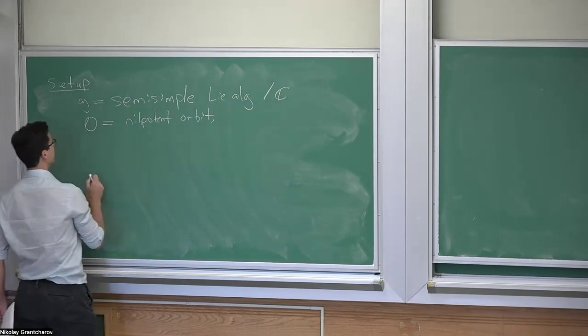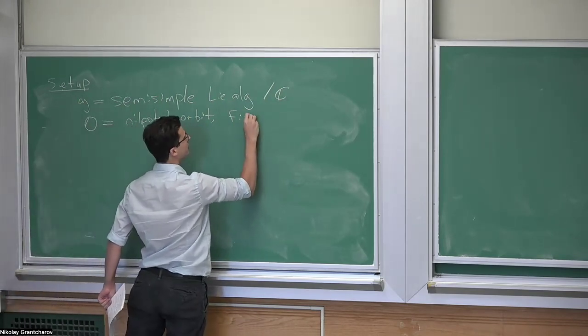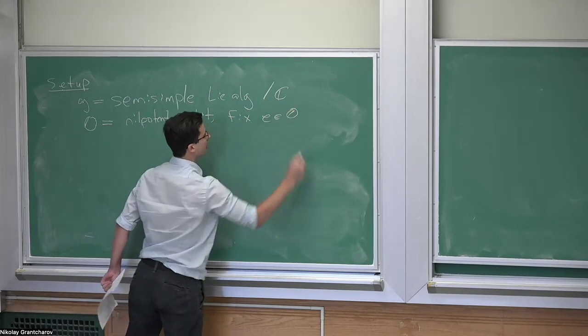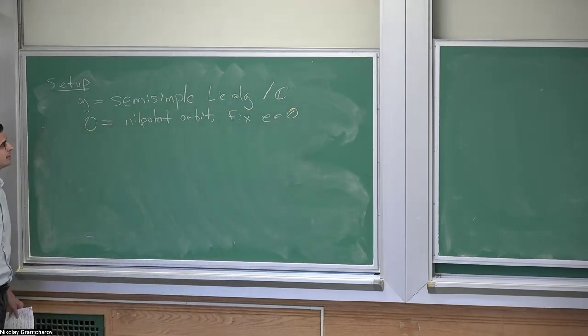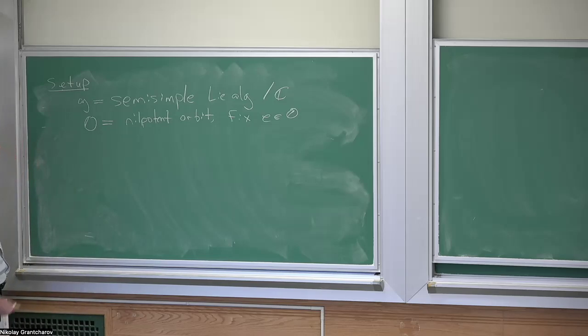And we're going to fix a nilpotent element E inside O. And you can assume that it's principal. I think most of the things I say today actually do not use this, but for safety, assume it's principal.